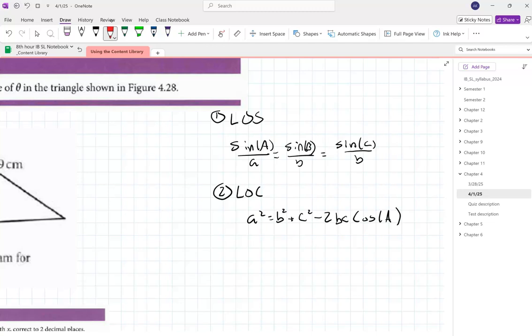Doesn't the law of cosines have special rules? Well, we should talk about when we use which one, right?